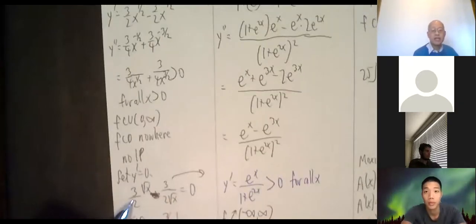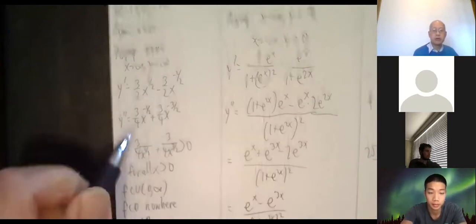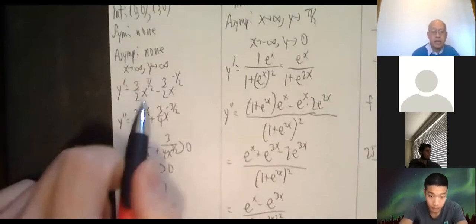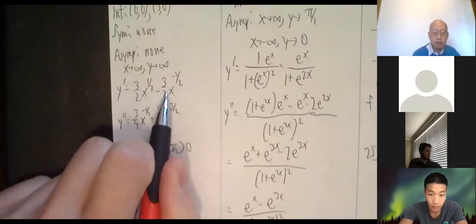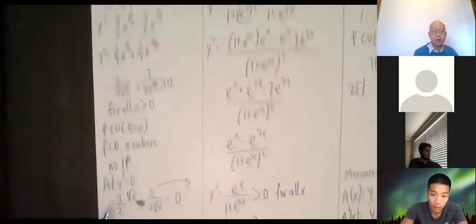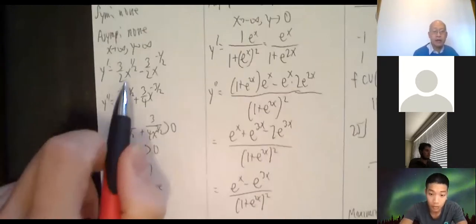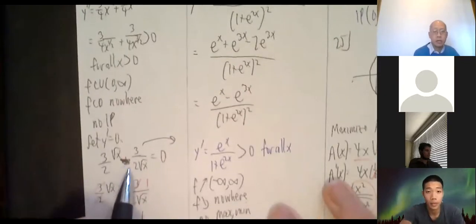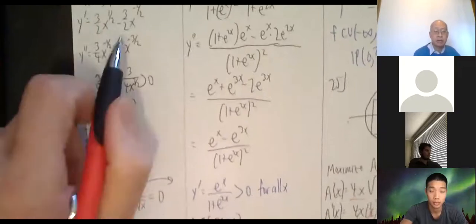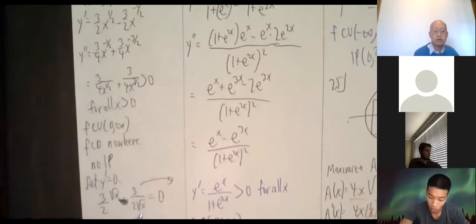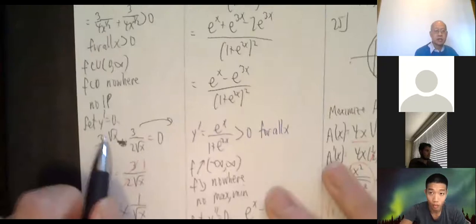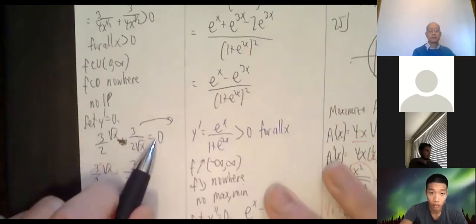Okay, we can set the first derivative equal to 0. So y prime is this. That means square root in the denominator. So I'm going to write it as 3/2 radical x minus 3/2 over radical x. One more time: 3/2, square root is on the bottom here, and square root is on the top here. Set it equal to 0.